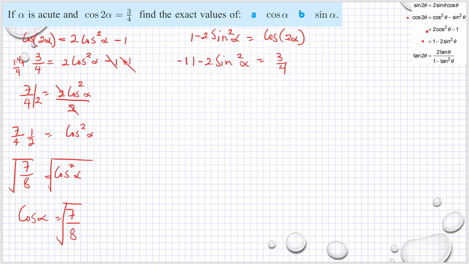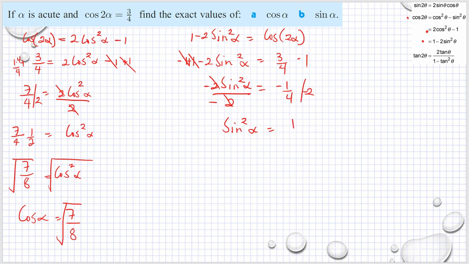If we subtract 1 from both sides of the equation, then we have negative 2 sine squared alpha is equal to 3/4 minus 1, which is negative 1/4.